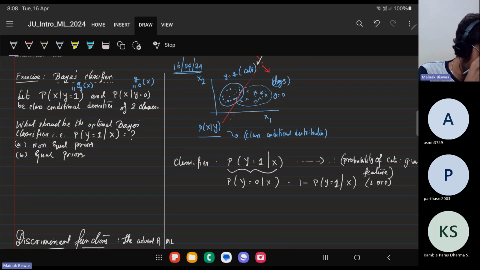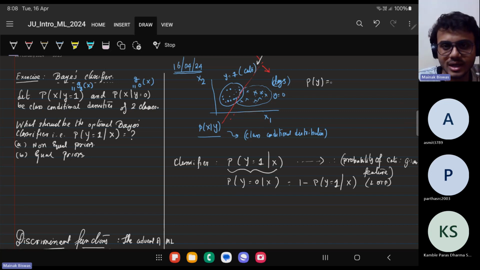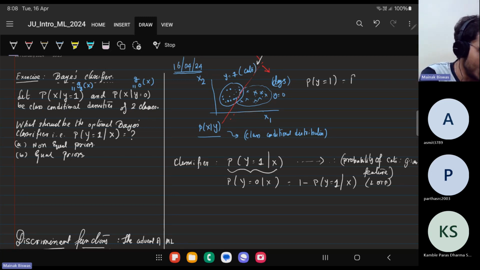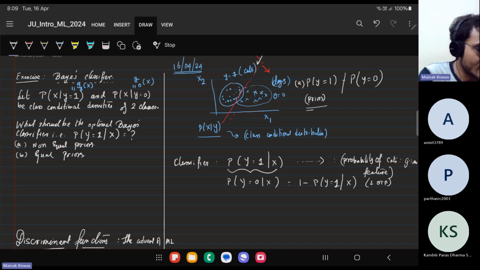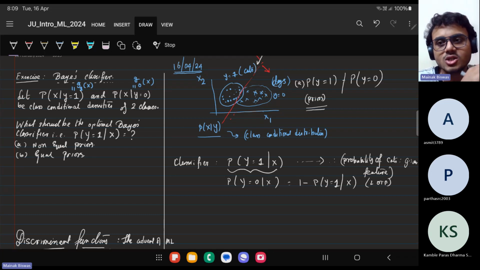Now I ask you the question, say you have non-equal priors. Say in your locality or someplace, dogs are more common than cats. So the probability of dogs and the probability of cats are not equal. Case 1 is the question I'm asking. These are priors: if you get a sample, what is the probability of it being a cat, irrespective of the features of the data point?